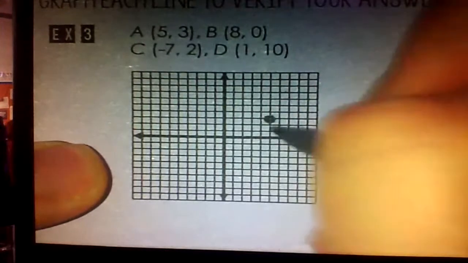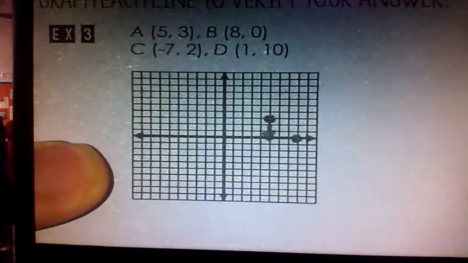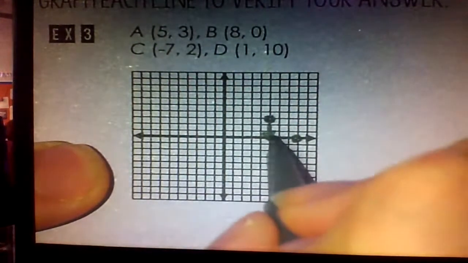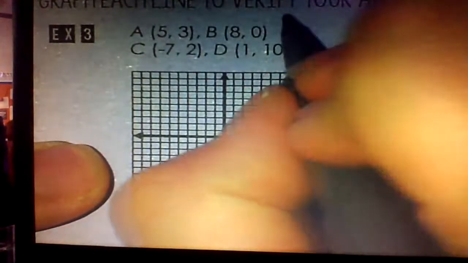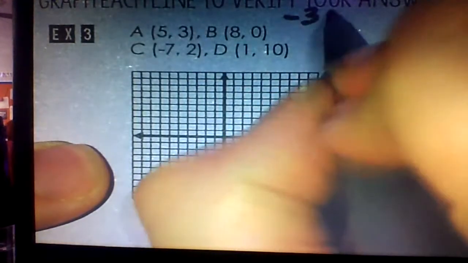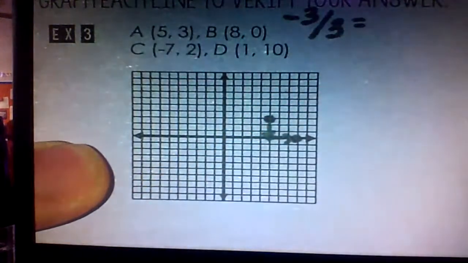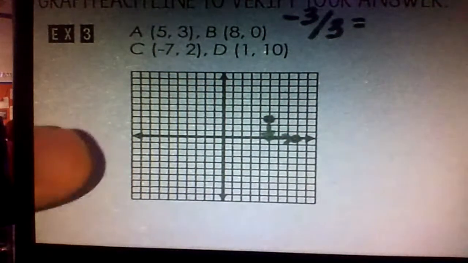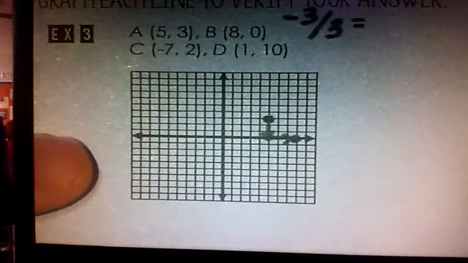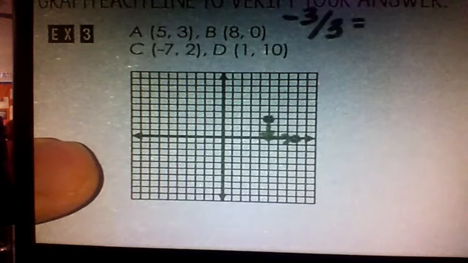So I need to go down by 3, and I need to go to the right by 3. That's fine. Do you find it easier to graph them and count? No, better doing it. I mean, you can do it that way.